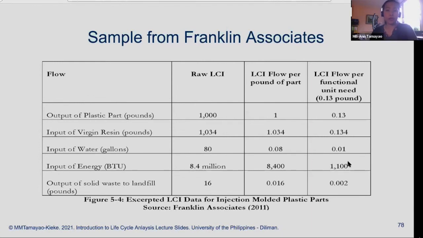Let's build on the injection molding example. Say the reason you are interested in an injection molding unit process is because you are studying the life cycle of milk with a functional unit of 1 gallon of milk, which is assumed to require milk, molded plastic packaging, and adhesive labels.